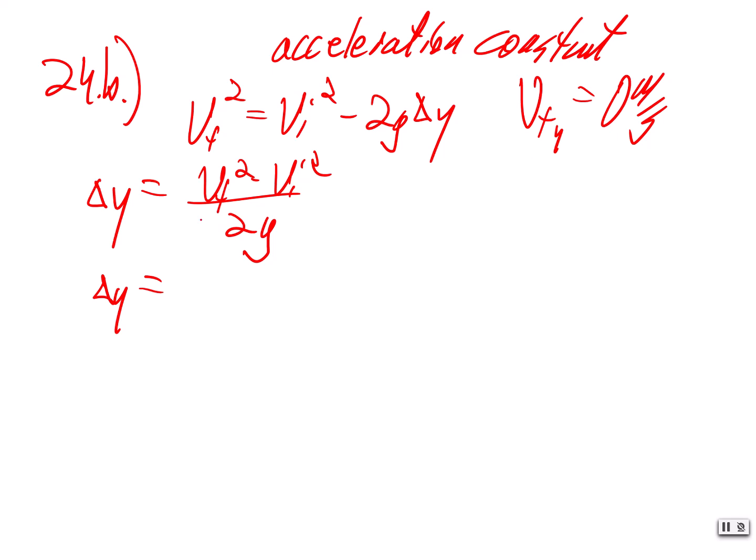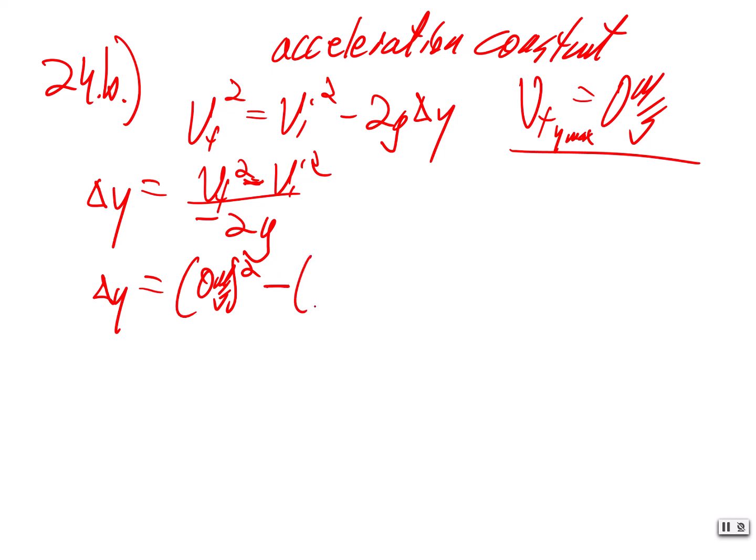Oh, and I forgot something else too. That's supposed to be negative. All right. Now watch, you better pay close attention to what I'm fixing to do. Let me read it again. It says, what is the maximum height? Well, at maximum height, the velocity is 0 meters per second. So we plug in 0 meters per second squared. I don't even need to put that, but I will. Now watch very closely. That's not negative.